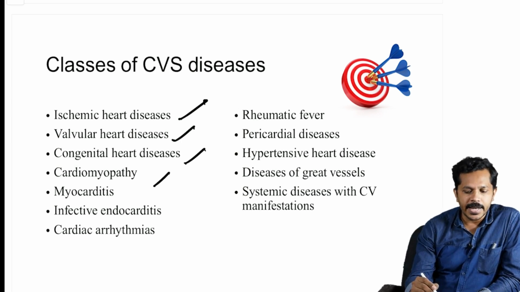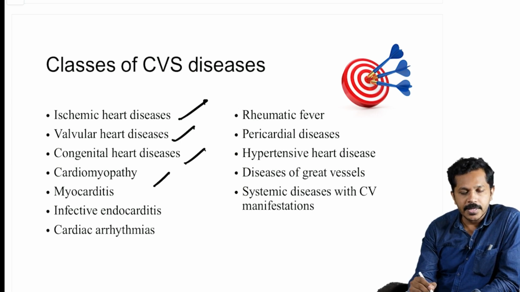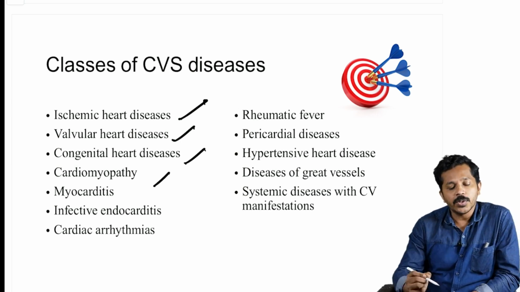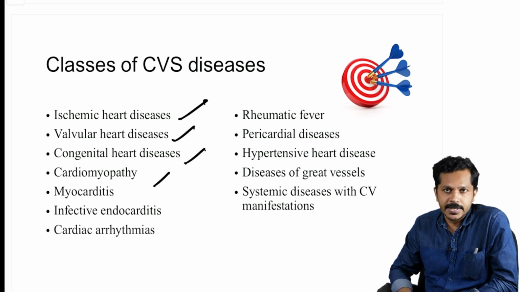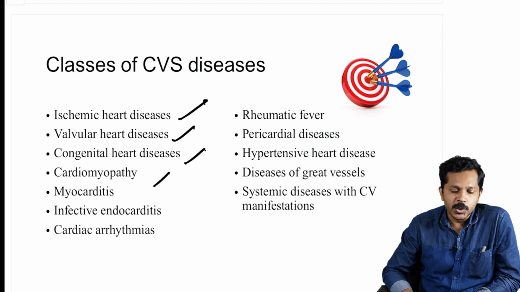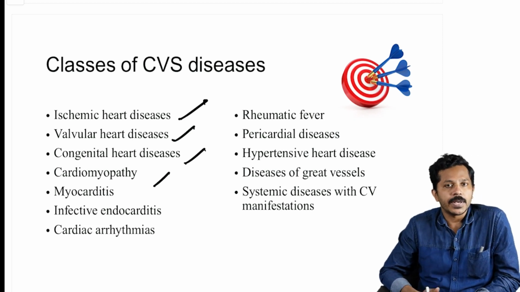Similarly, other diseases like rheumatic fever, pericardial diseases, hypertensive heart disease, disease of great vessels. Even systemic diseases can have cardiovascular manifestations, like anemia. So all of these classes of cardiovascular disease can have overlapping symptoms.